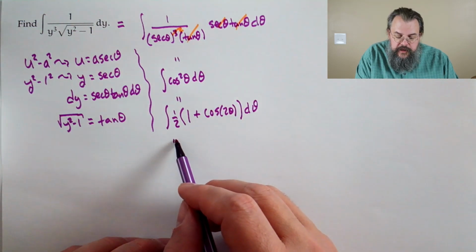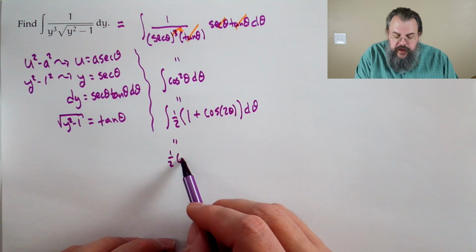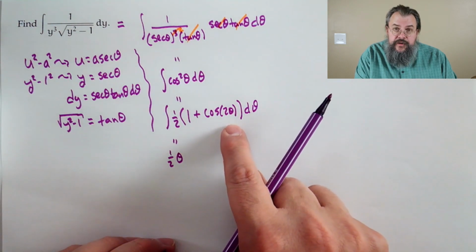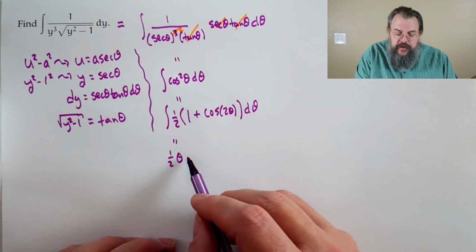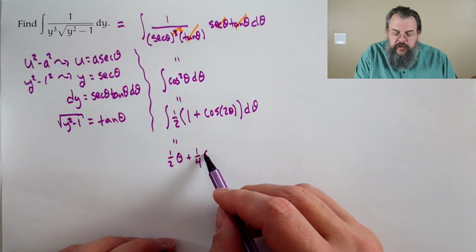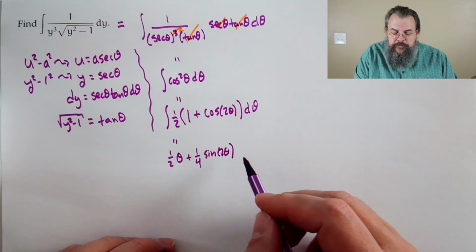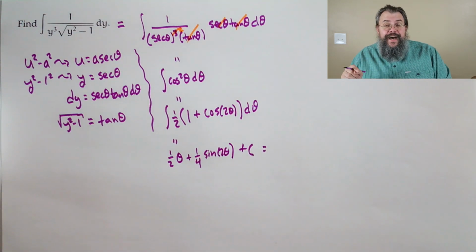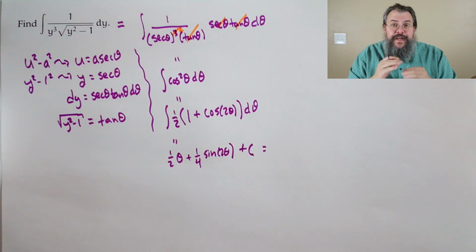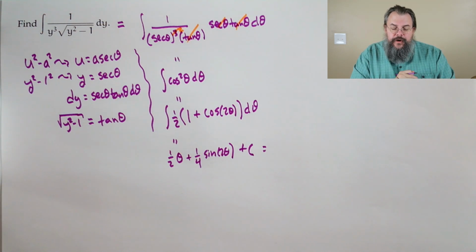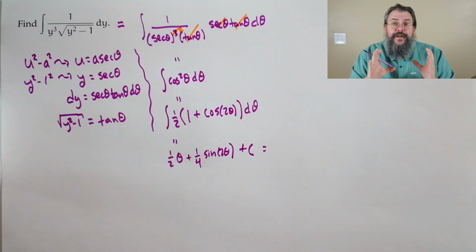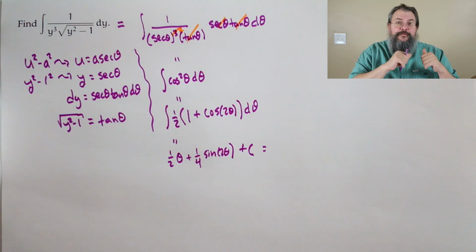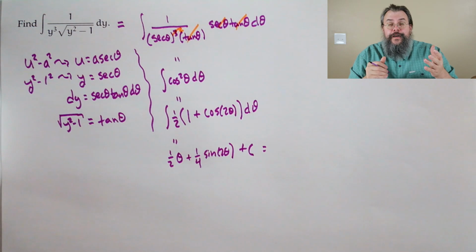So that integrates. There's a half theta. Then the integral of cosine is sine. You have to divide by 2 because of that 2, and there's a half out there, so that's 1/4 sine 2 theta, plus c. Now, we need to get back to being in terms of y, because we started with y.